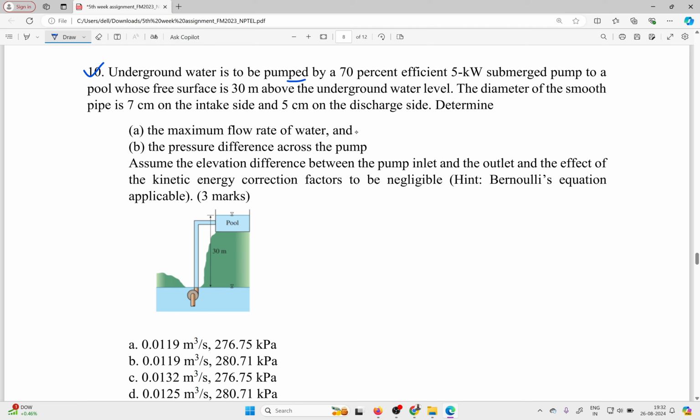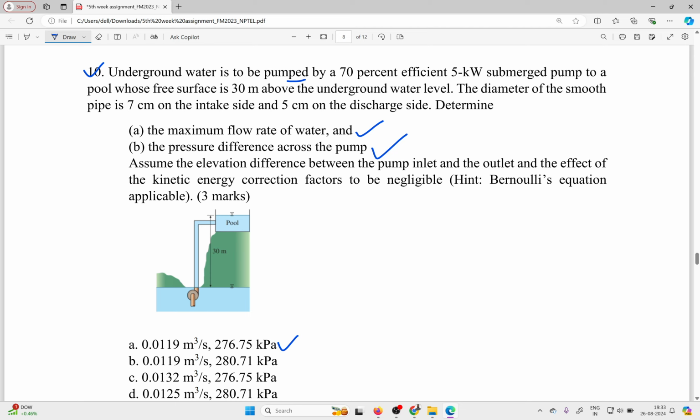Determine first the maximum flow rate of water, and second the pressure difference across the pump. Assume the elevation difference between the pump inlet and outlet and the effect of the kinetic energy correction factor to be negligible. The hint given is that Bernoulli's equation is applicable. So which option will be correct? Option A, B, C, D, which one?